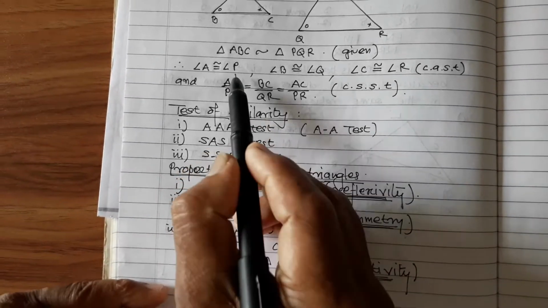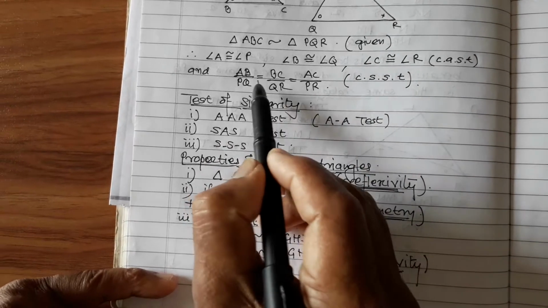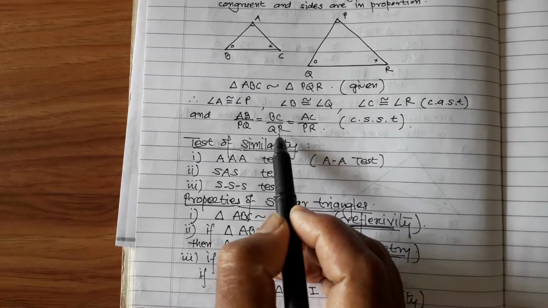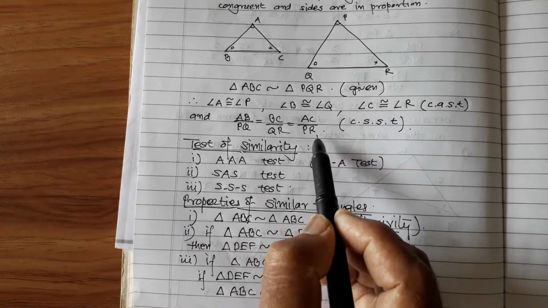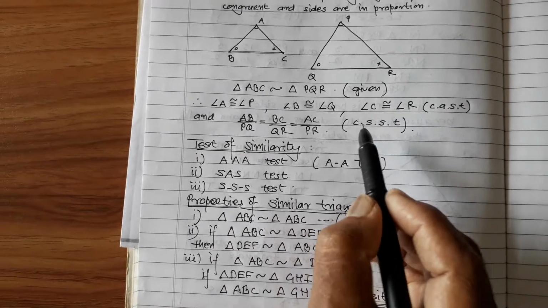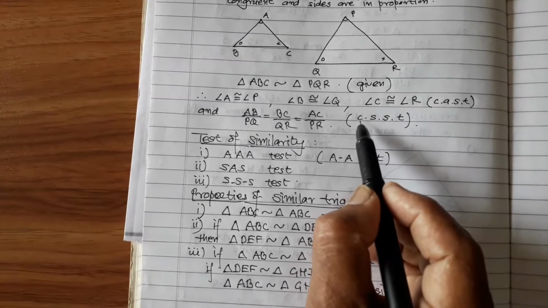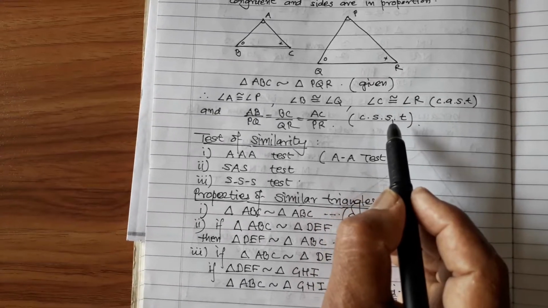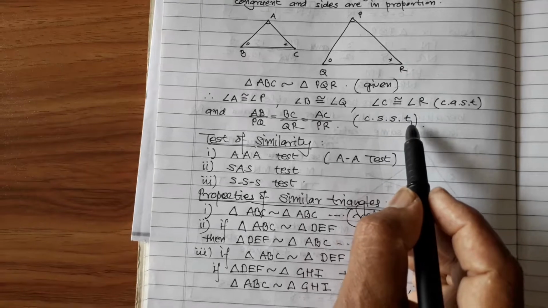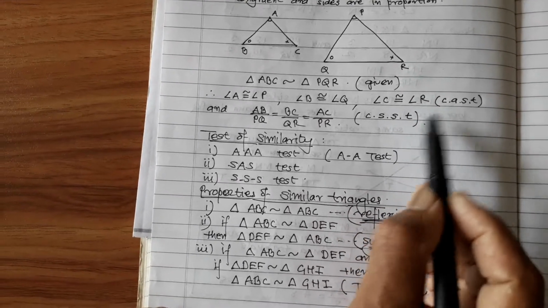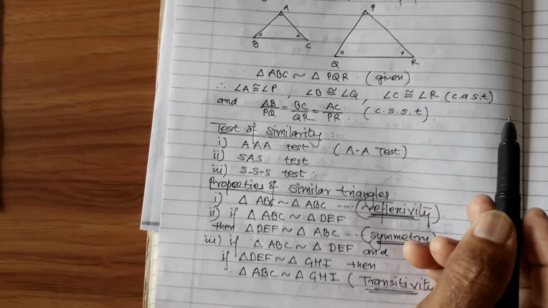And AB upon PQ is equal to BC upon QR is equal to AC upon PR, reason CSST, that means corresponding sides of similar triangles. You have to mention this reason before solving the questions.